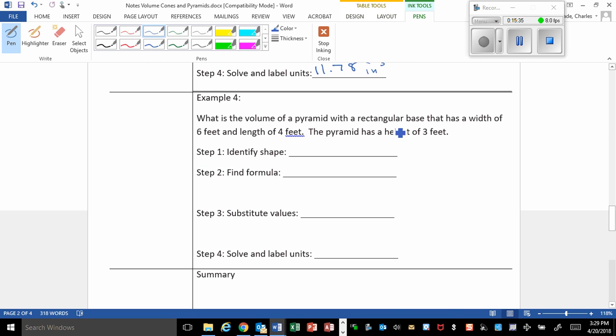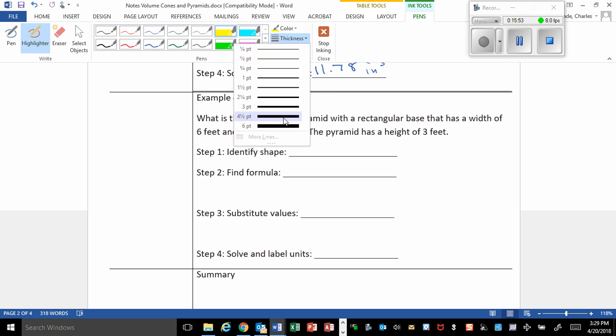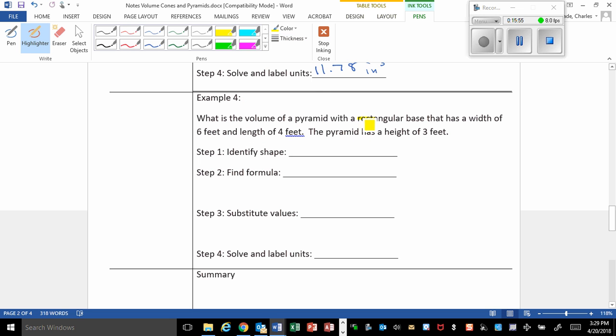All right, let's look at this one. The volume of a pyramid with a rectangular base that has a width of 6 feet and a length of 4 feet and a height. You know, a picture might even be a little bit more confusing. All we need to be concerned with is this, okay? Rectangular base, super important, okay?